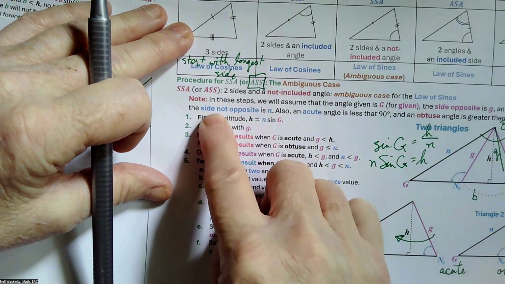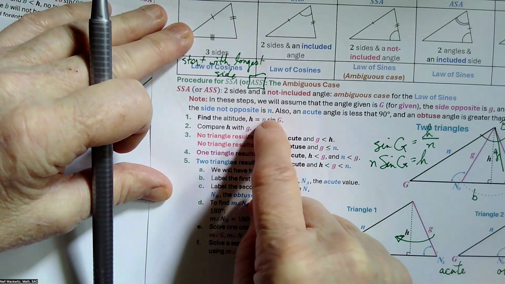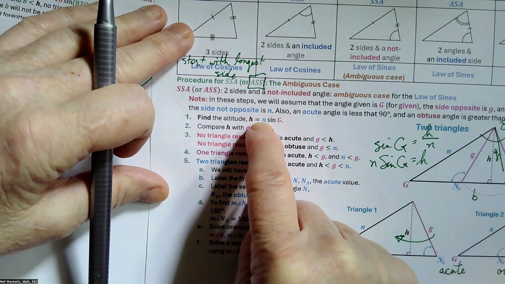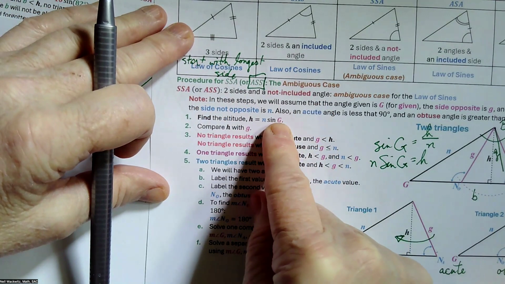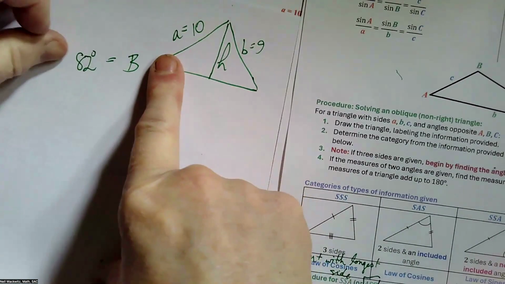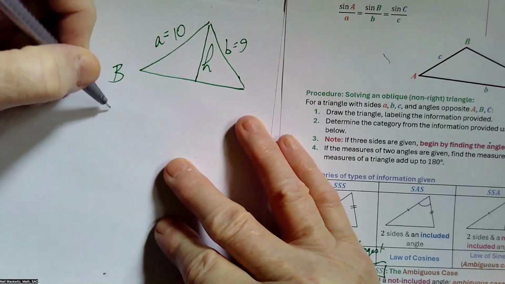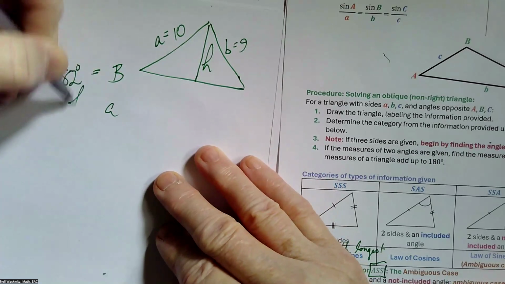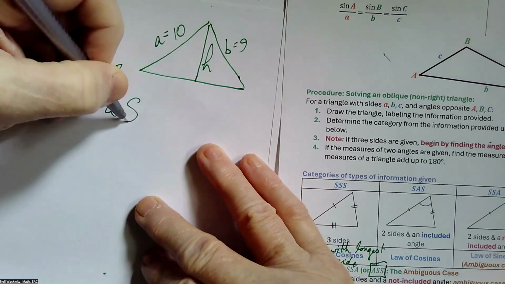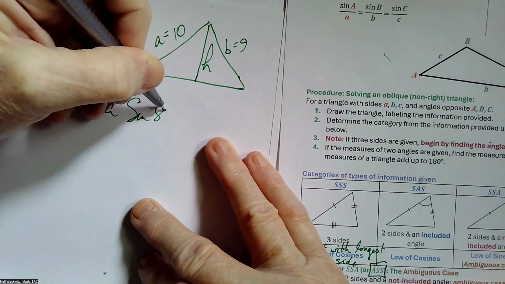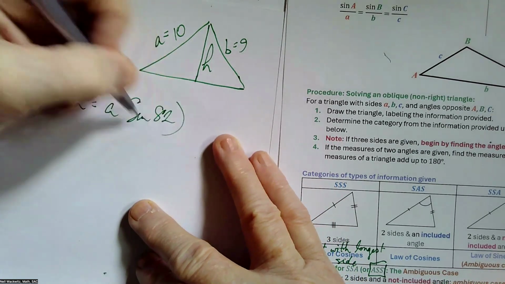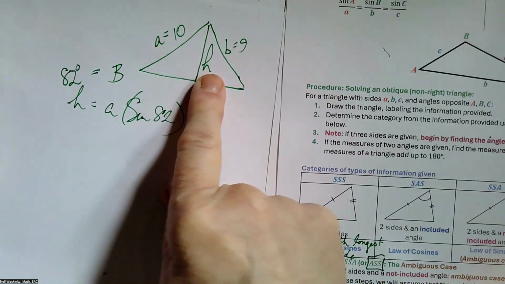So the first thing is to find the altitude. The non-matching side times the sine of the given angle. So non-matching side is A, because I don't have an angle A. So A times the sine of 82 will give us H.